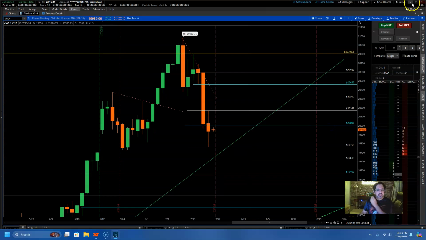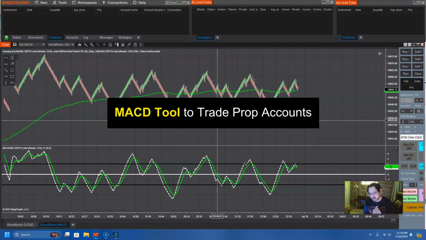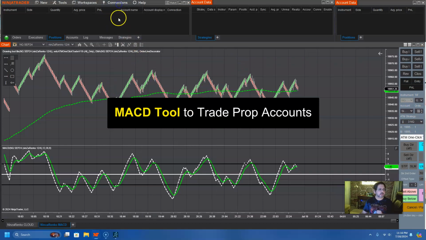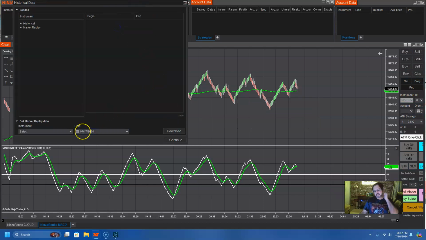Okay, now let's get into NinjaTrader. I know some of you asked, how can we use this MACD tool? Let's get to the playback. How can we use this MACD tool? Because with prop accounts, the biggest challenge is the drawdown.